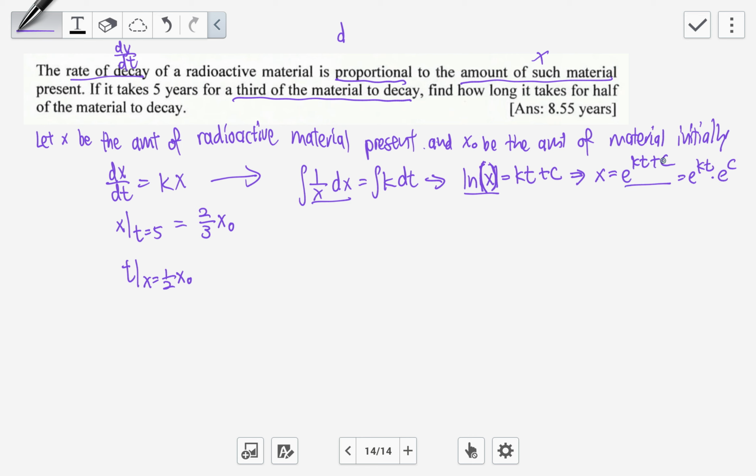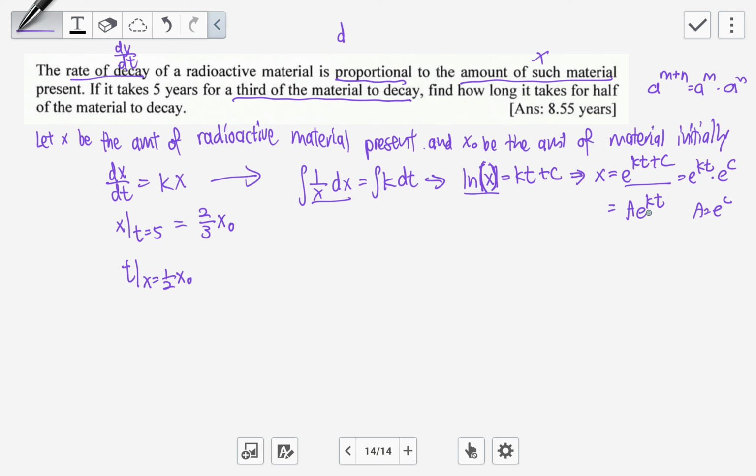Notice these are power rules: a^(m+n) equals a^m multiplied by a^n. So e^c is just a constant anyway, and we can let it be A. So A equals e^c, and c is just an arbitrary constant.